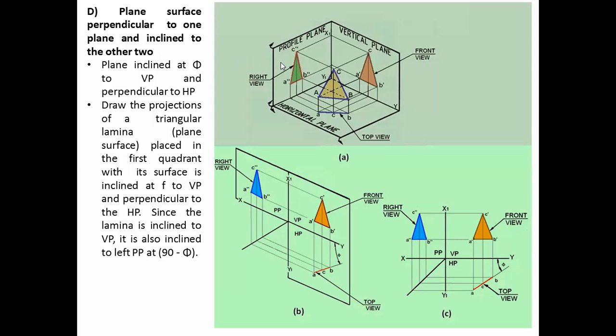So in this case, this yellow triangle is perpendicular to which plane? Horizontal plane, correct, and it is inclined to the profile plane and vertical plane. Okay, we'll draw the projection of this.